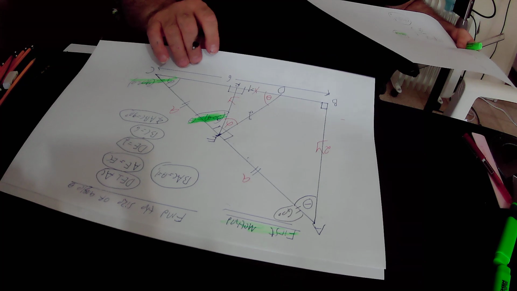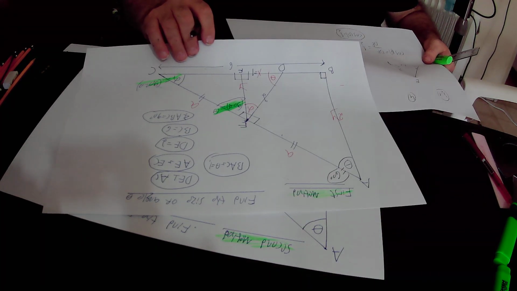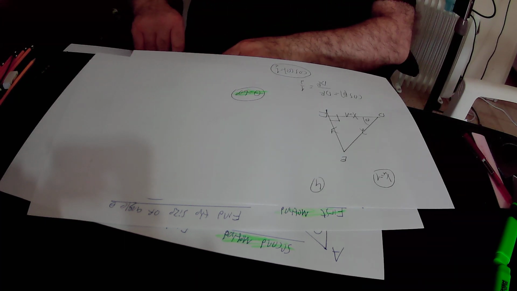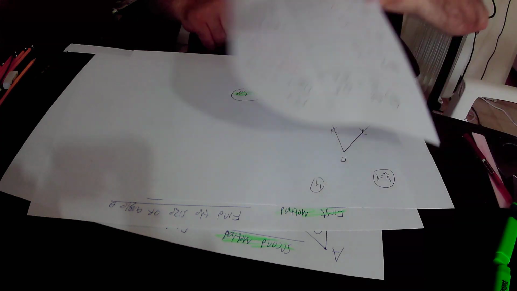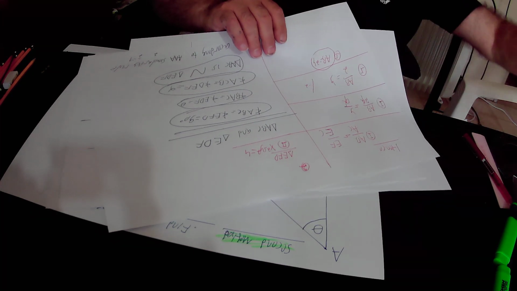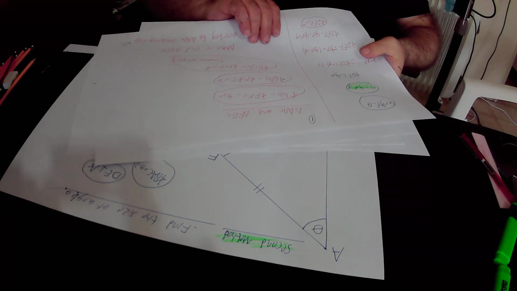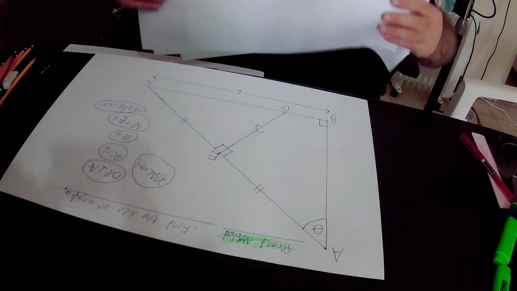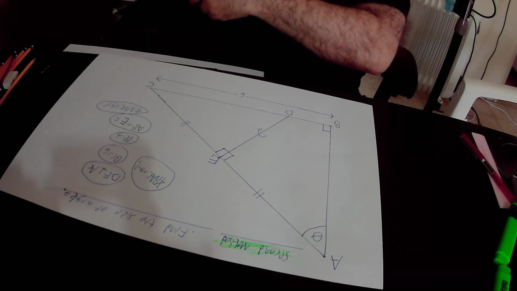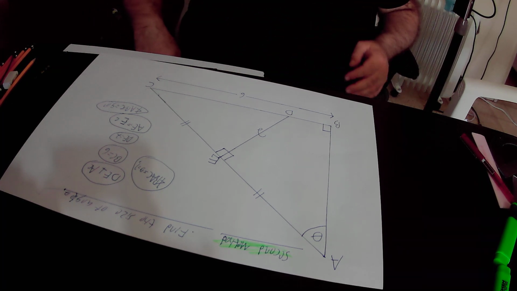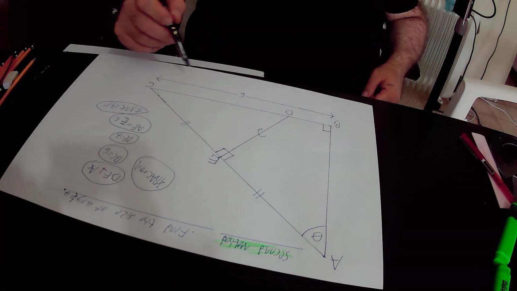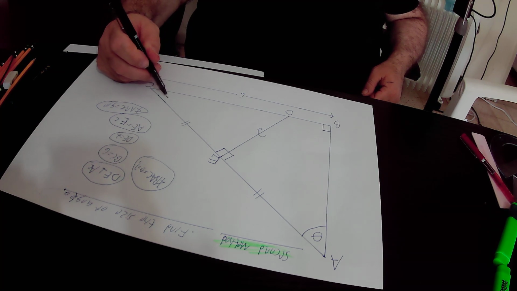In the next step, I will present to you how to find the size of angle theta according to the second method. In the second method, we will define angle ACB as alpha as we did in the first method.